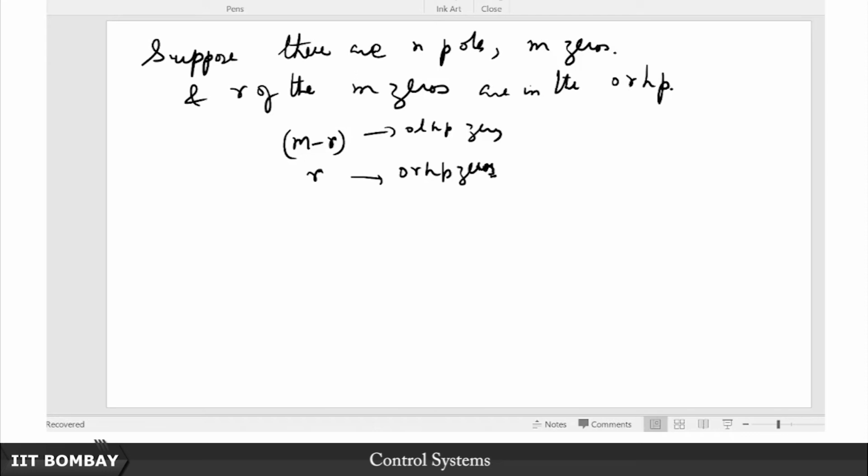A zero does not make a system unstable. So if you have a zero on the imaginary axis, notice what is the distance of the zero from that particular point? It's 0. So what is log of 0? It's minus infinity. So basically what you will then have is some plot like this which goes all the way down. It's like a sink.